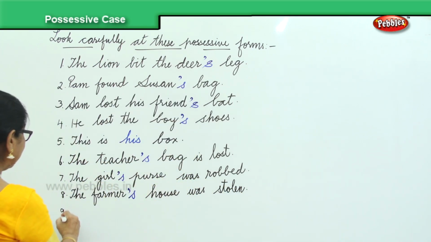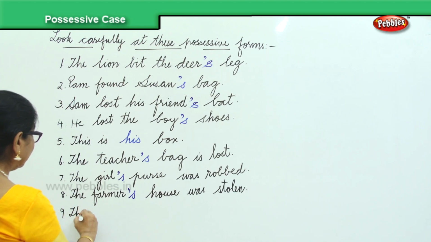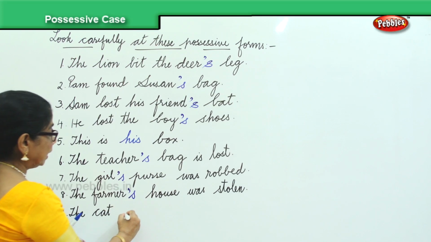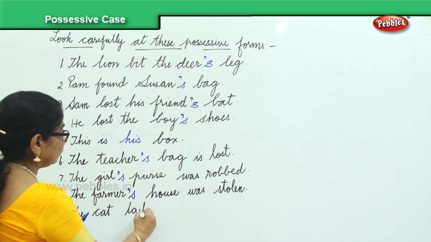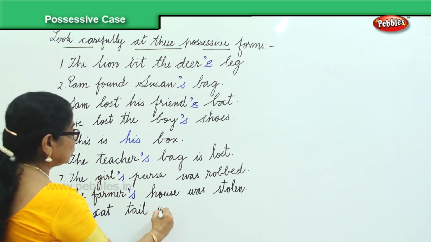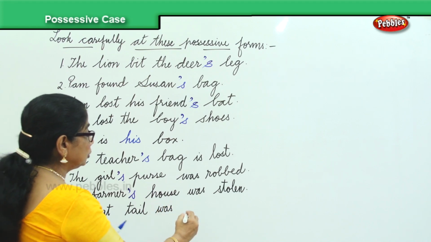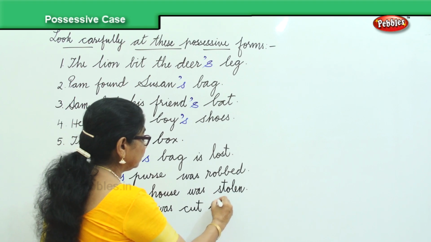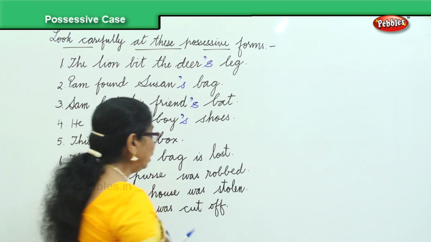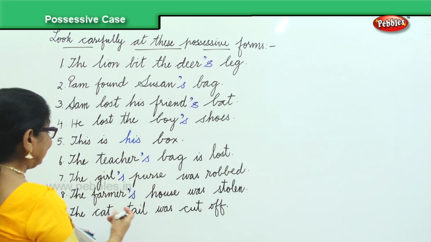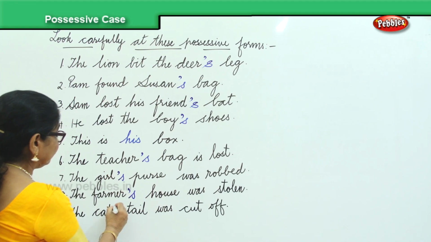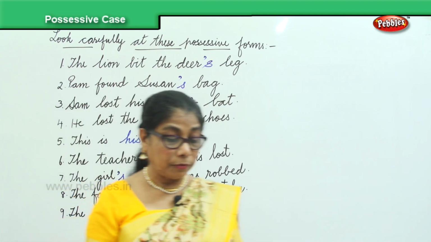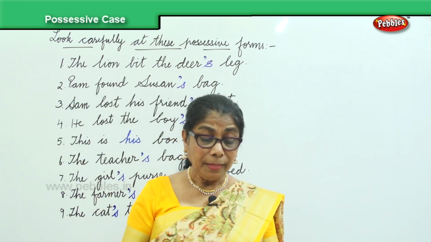Next, the cat's tail was cut off. The cat's tail was cut off. Whose tail? Cat's. Cat's tail was cut off. Flood.